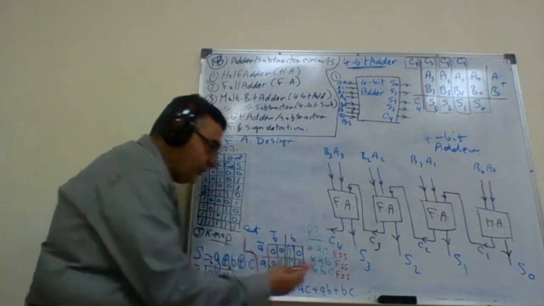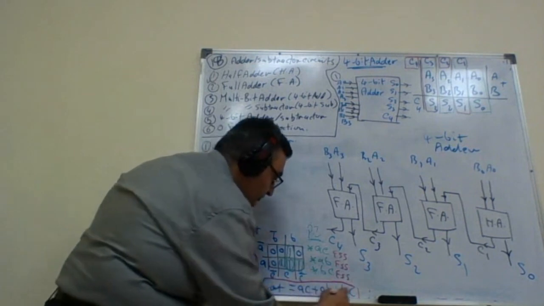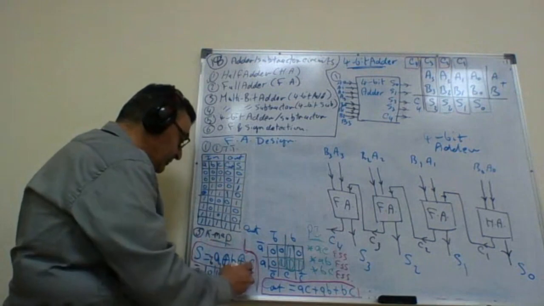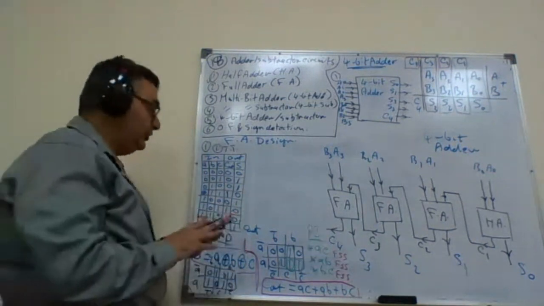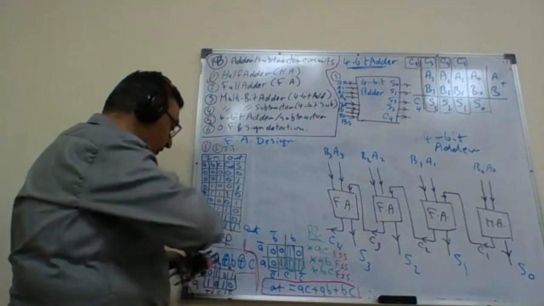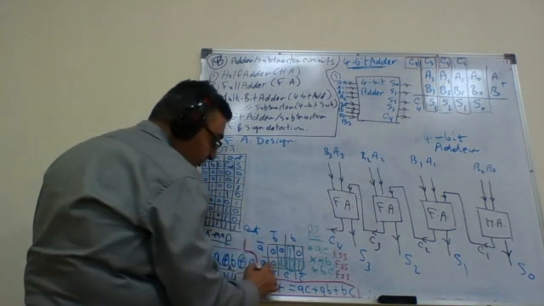This is the final equation for the output C out. We have the equation for S, so we got the equations, which is step number 4.